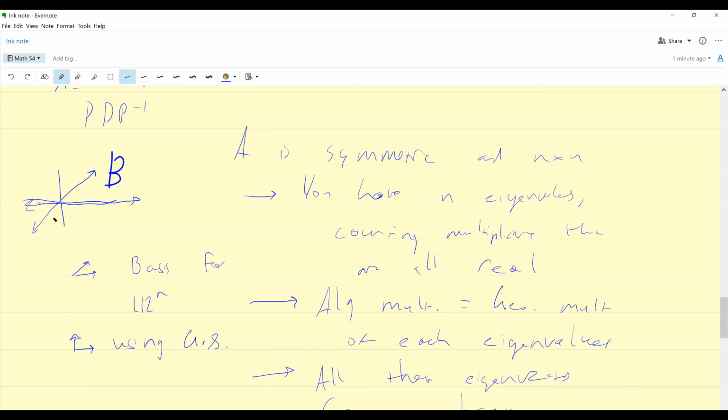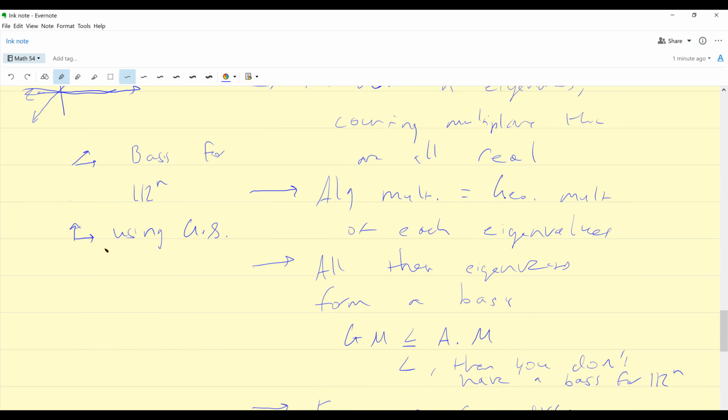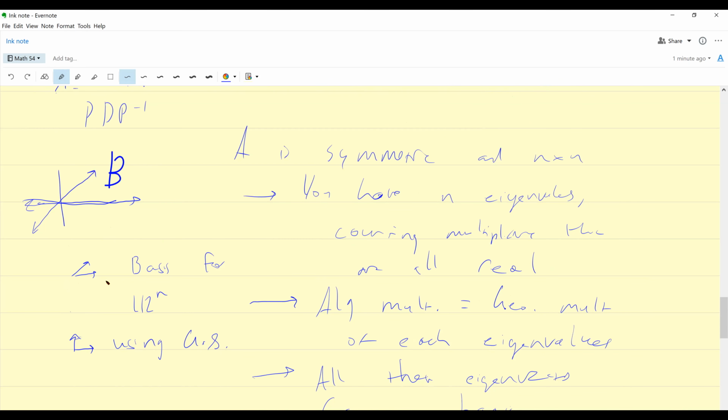Because this basis of eigenvectors isn't orthogonal, if you use this basis to diagonalize it, you're not going to get an orthonormal basis. So this PDP doesn't work for this choice of vectors. If instead you find some orthonormal vectors from these, given this basis, we can always find an orthonormal basis.